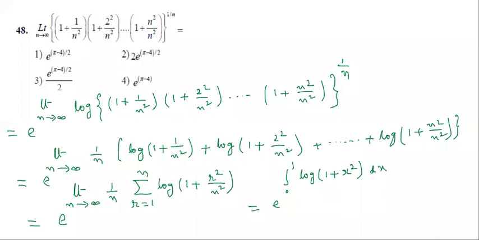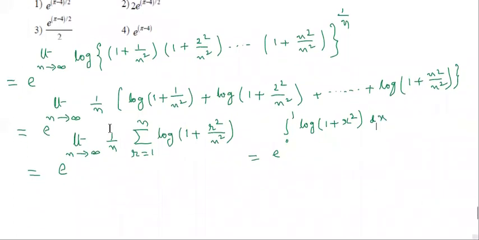Here again use that integration by parts. We have already done the previous problem. The only difference is x and x squared. E power, now log 1 plus x square is the first function. The second function is 1.